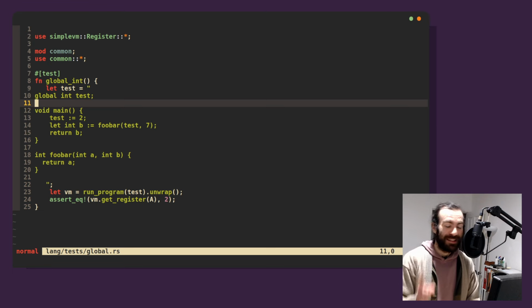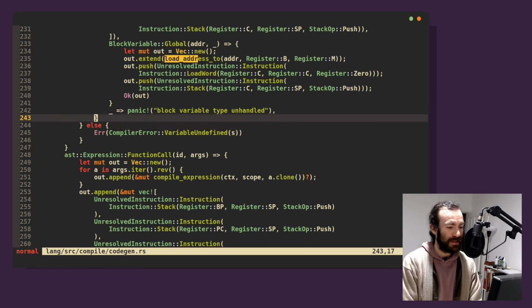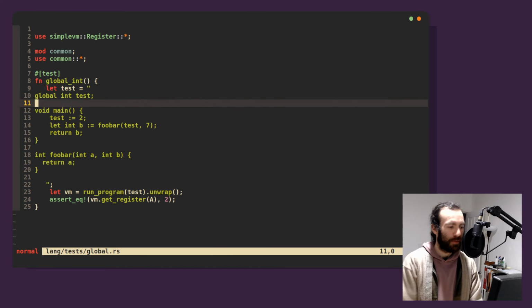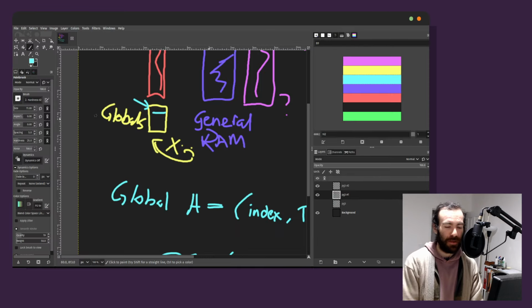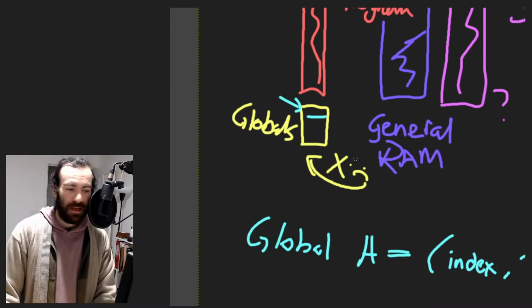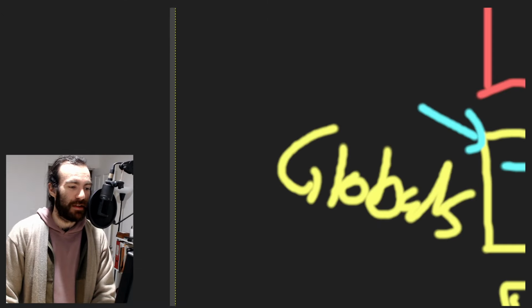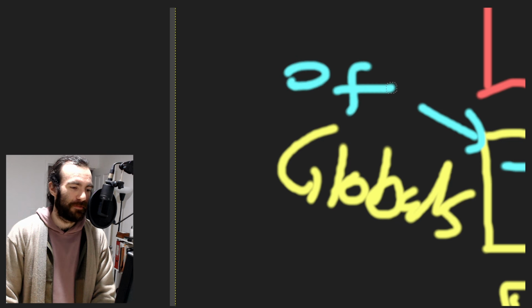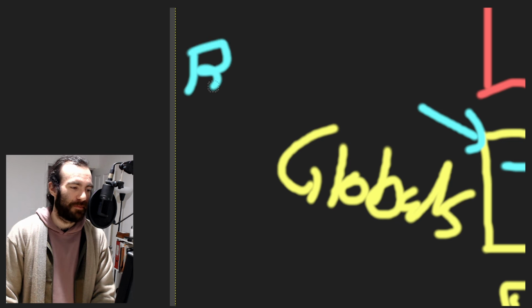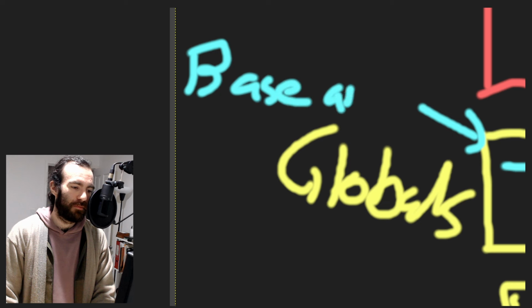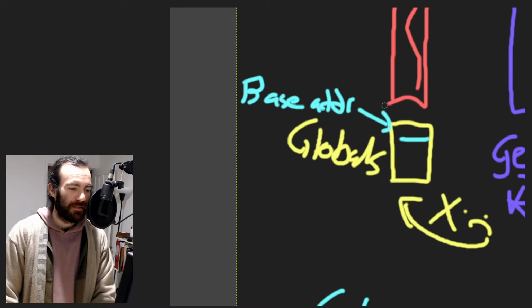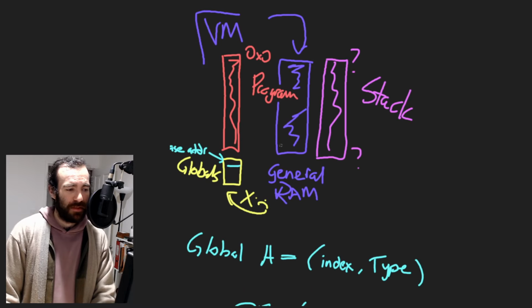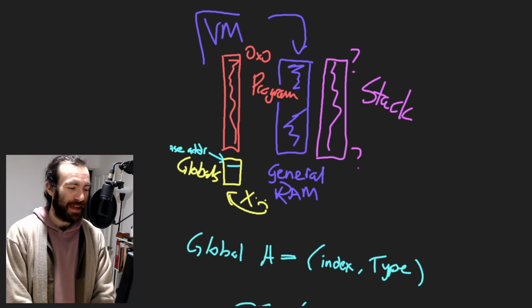Okay, but there's another interesting reason behind this, and that is, where does test currently live, right? If I go back to my pretty pictures, this global section where we give it some global offset, right? Off some base adder that we start all globals from. The problem is I have not done that.